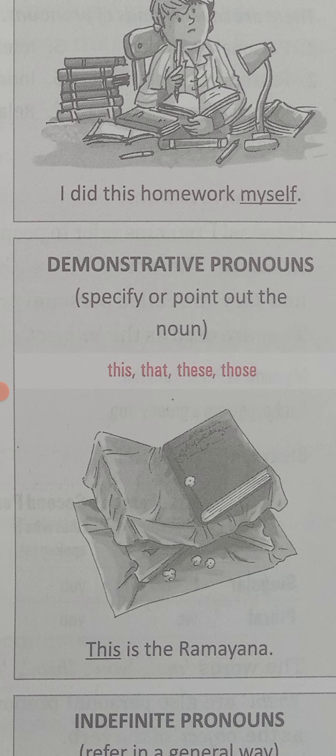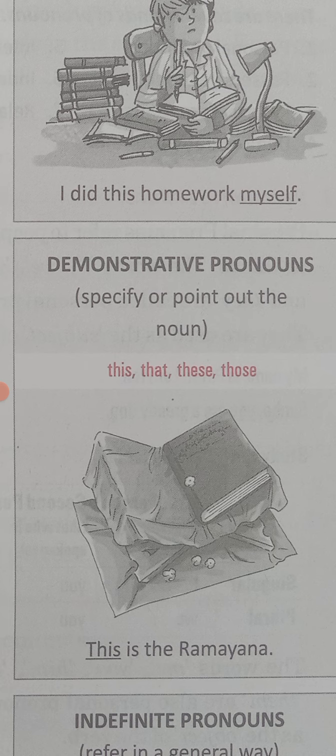So whenever you are pointing out something to show to somebody, you are just pointing at that thing with your finger. So you will either call this, that, or these, those. Or if you are telling something which is far or near to you, these are the words which you will use, like this and that.